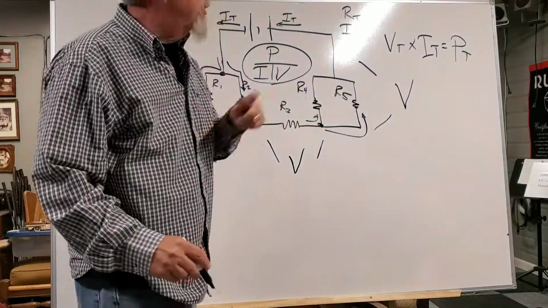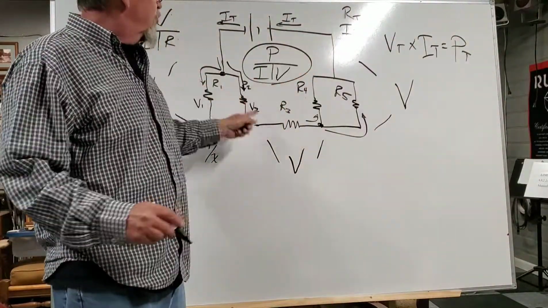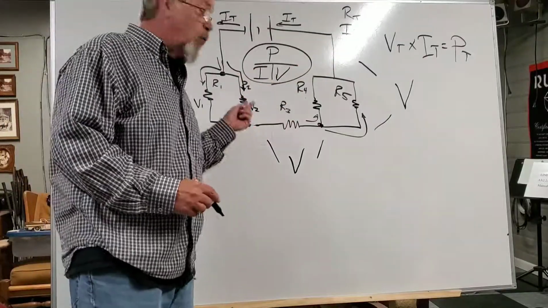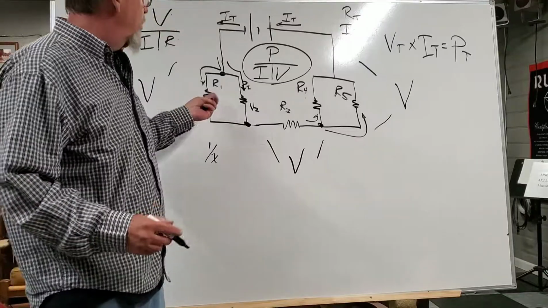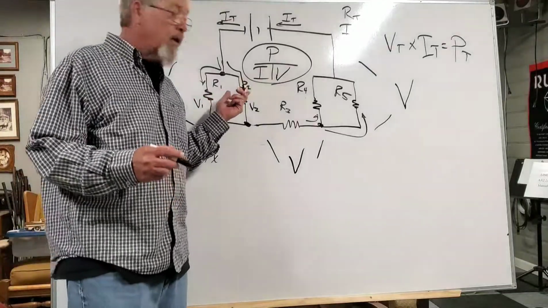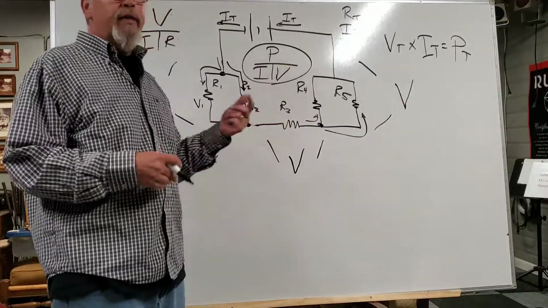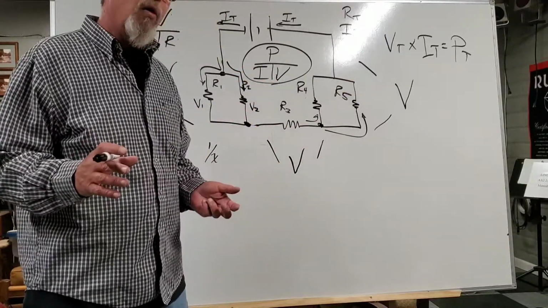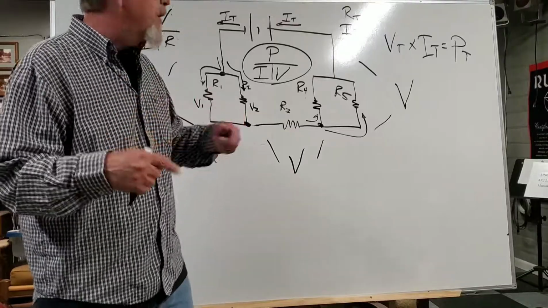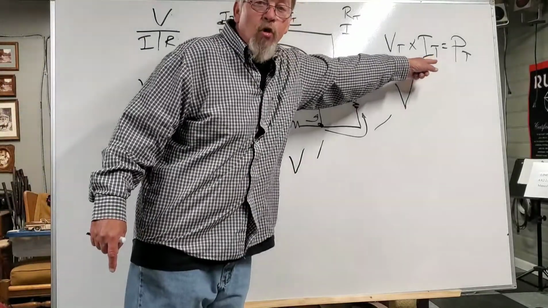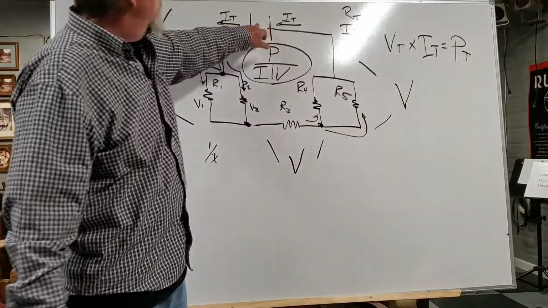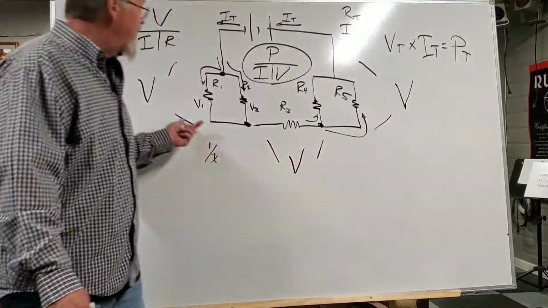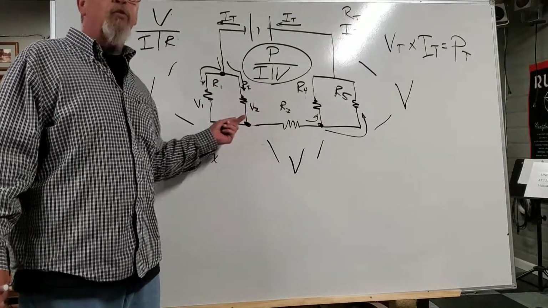And the deal is, all your individual powers, where I multiplied my current times my voltage, VR1 times IR1, VR2 times IR2, VR3 times IR3, and so on and so forth, when I add them back up, they should equal the total power applied.